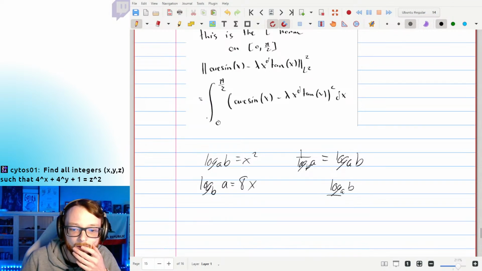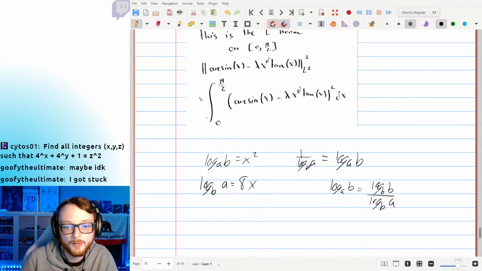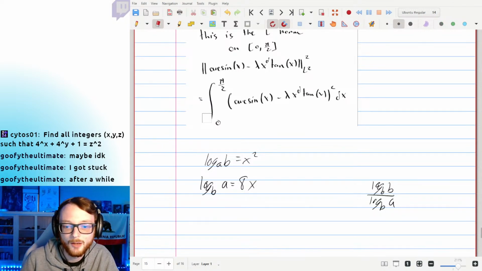Log base a of b is equal to log base b of b over log base b of a. Okay, yeah, so I agree with that identity. So maybe that's the key here.